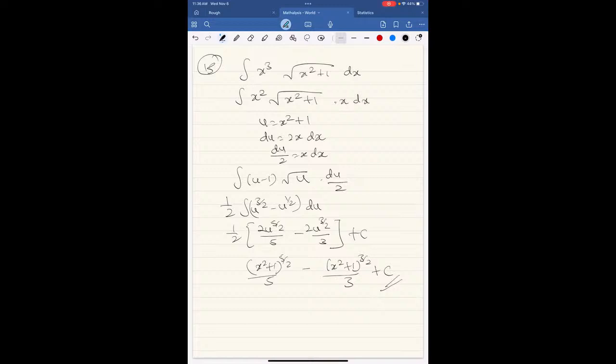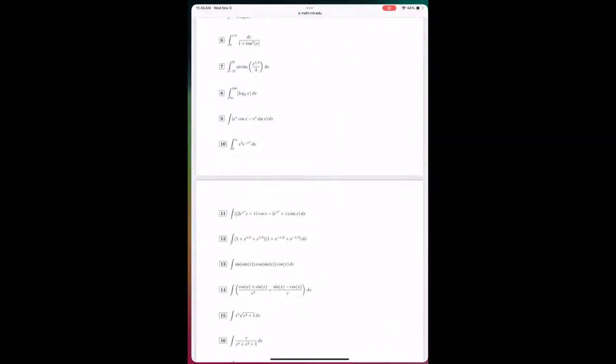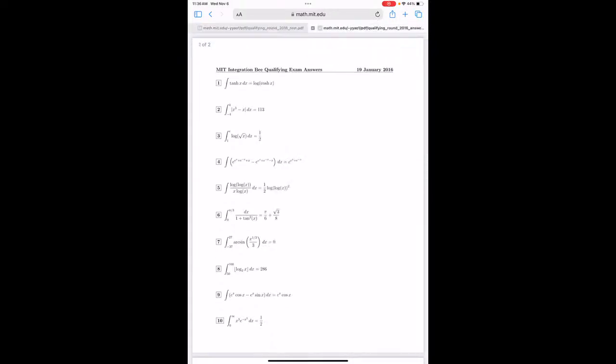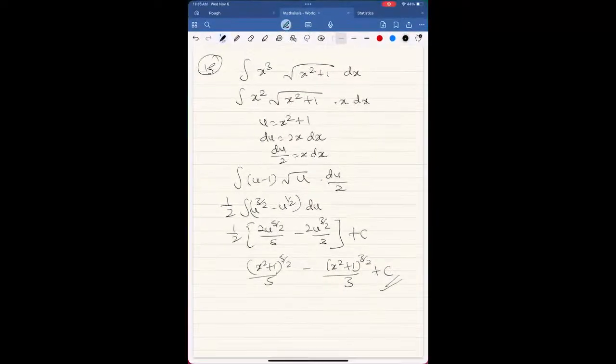If you just know that u substitution, everything else is pretty easy. The answer given is slightly different, so I think we're going to take the LCM to get that answer. If you take the LCM, this will be 15 and then 3 (x square plus 1) to the power 5 by 2 minus 5 (x square plus 1) to the power 3 by 2 plus c.